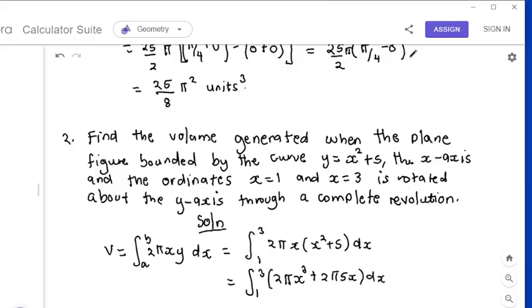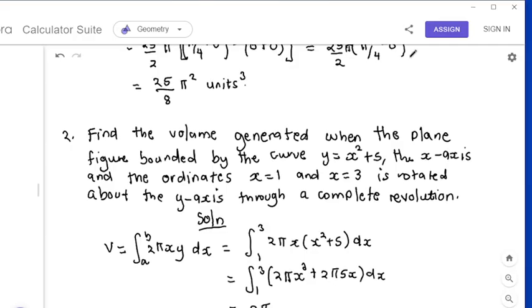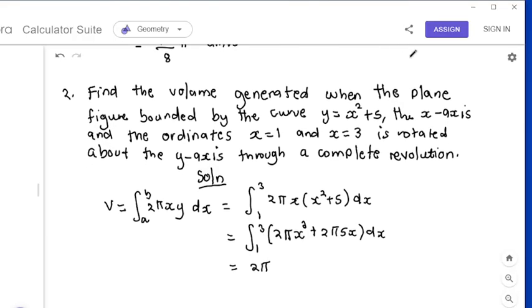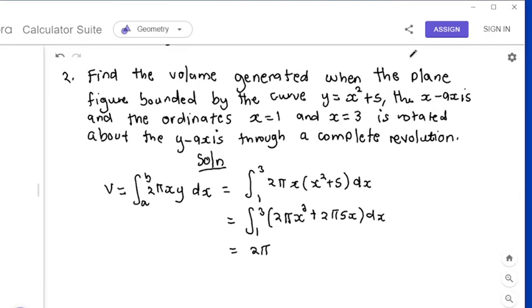But now you can see that 2 pi is a constant, so you're going to factor out the 2 pi.